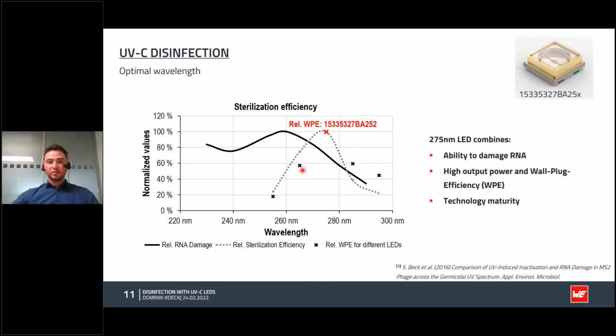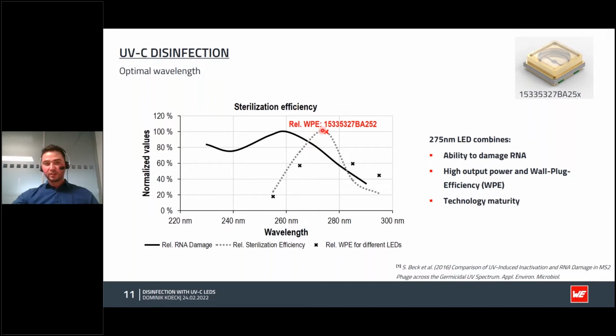So actually, what you need to consider when doing disinfection is not only the wavelength, but also the efficiency of the LED, and therefore also the optical power of the LEDs. And when you consider both of these, you will end up with this gray dashed curve, which I called the relative sterilization efficiency, which is simply a product of the RNA damage and the wall plug efficiency.